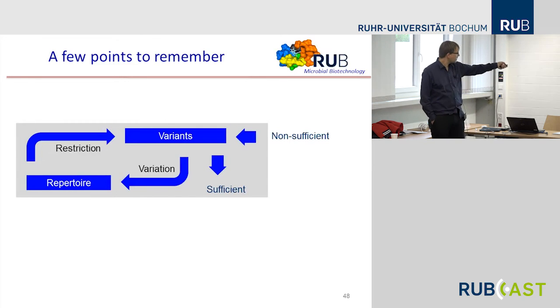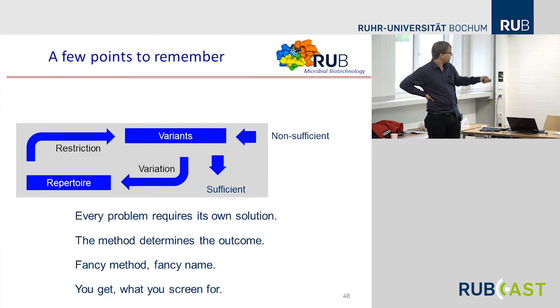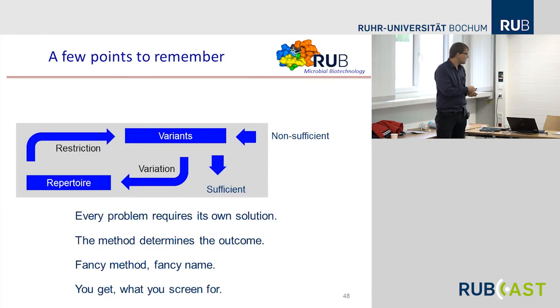You have variants, you have variation, rationally based mutation or randomized, and you have a restriction. Then, since every problem requires its own solution, because in most enzymes the information density differs, the method determines the outcome. So, at the beginning, when you choose your experiment, you should be aware that it has a very strong impact on the result that you will get.